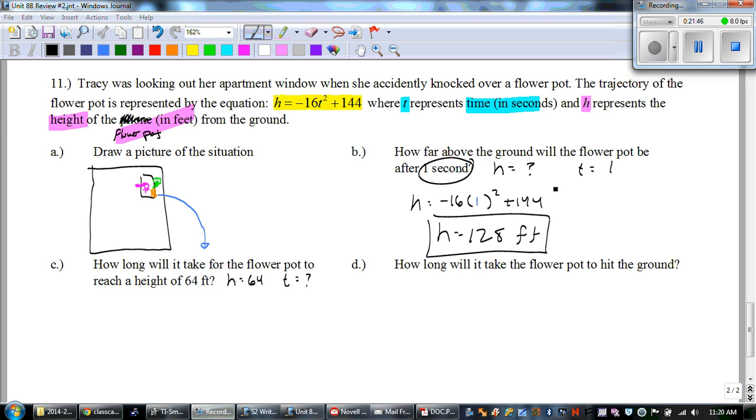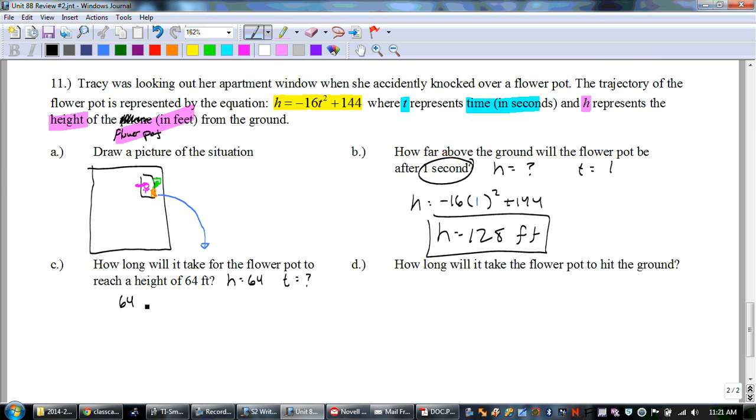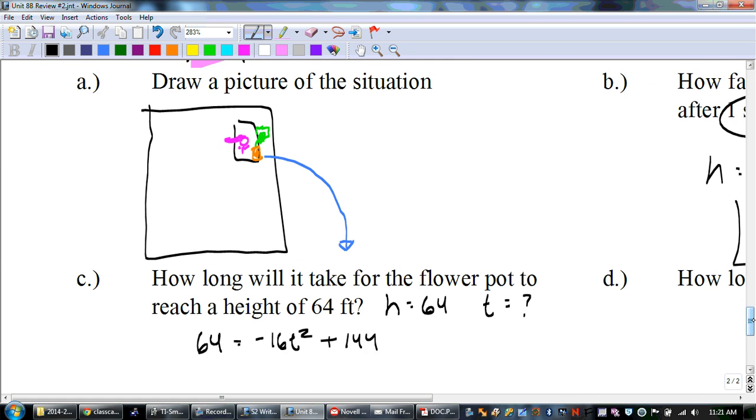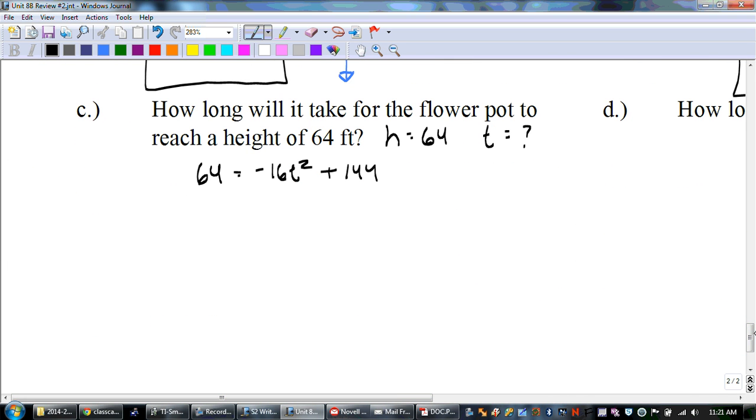So we know that the height is 64, and then we're going to set that equal to -16t squared plus 144. Okay, now we can solve this a couple different ways. All right, we can use inverses, we can try to factor. I think SADMAP's going to be the best way to do this.